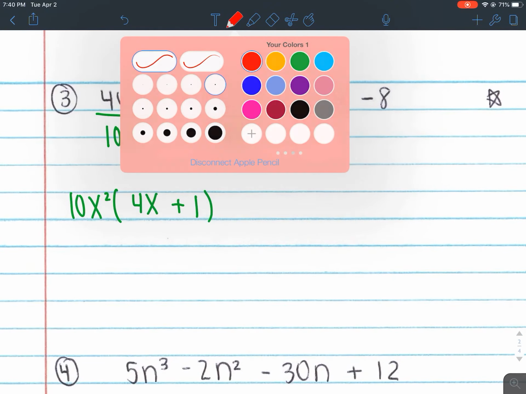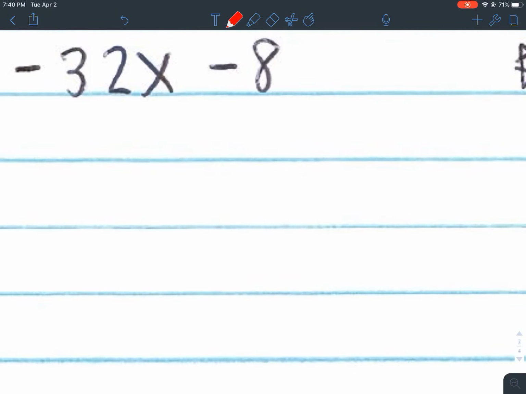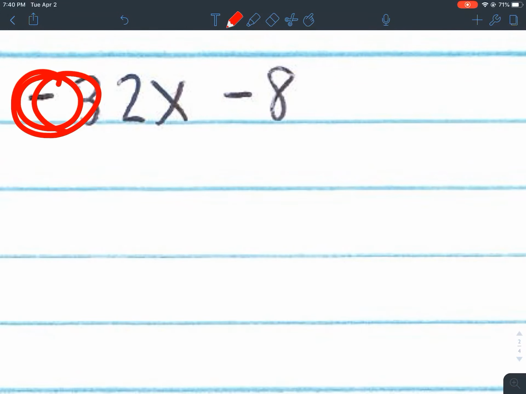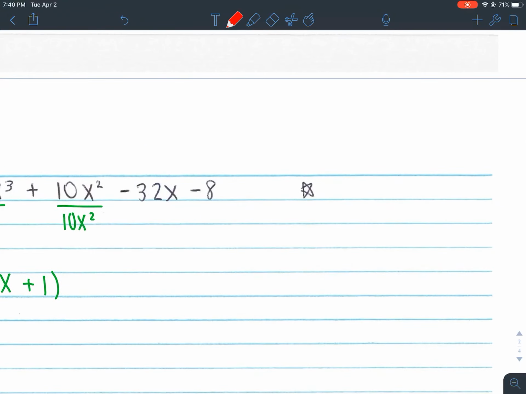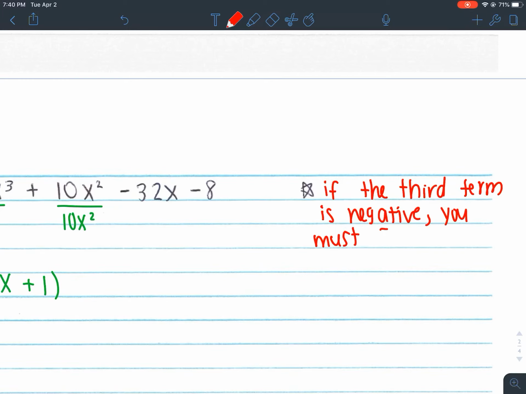And then next over here, notice how the front of this term has a negative in the front. So if the third term is negative, you must factor out a negative.